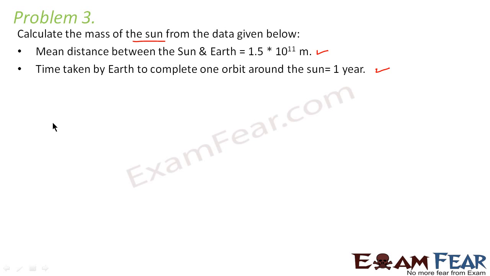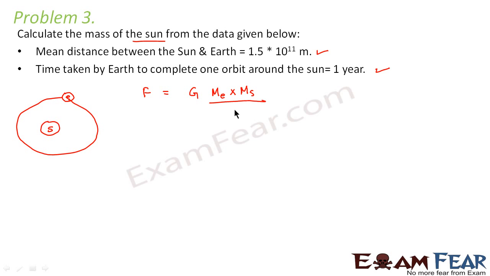Right, so let us suppose this is the sun, this is the earth. So the earth rotates around the sun, somewhat like this. What would be the force of gravitation between sun and earth? The force would be equal to G into mass of the earth into mass of the sun divided by the distance between sun and the earth, that is r square.